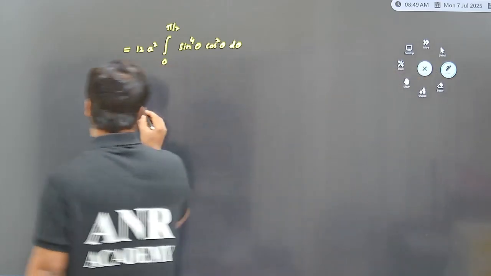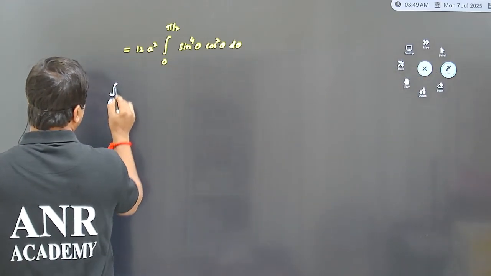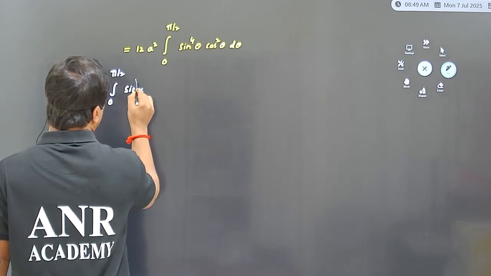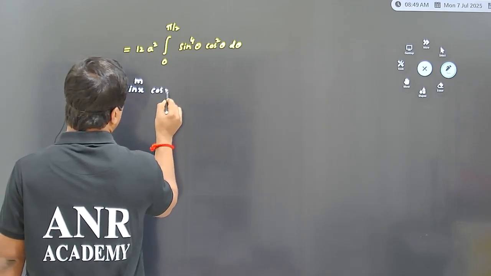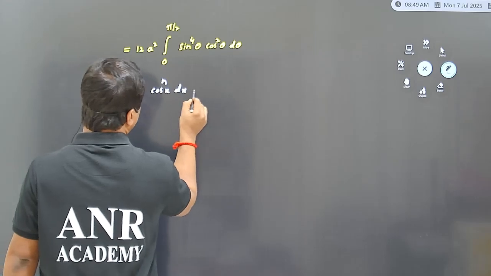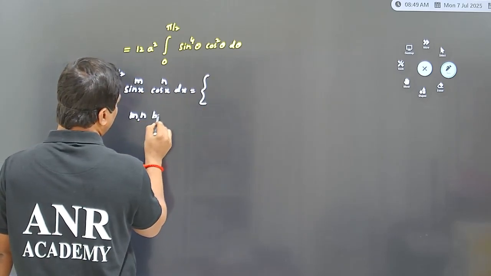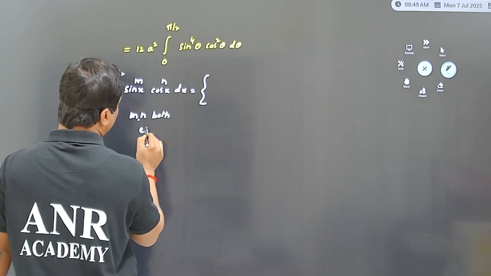You know that integration from 0 to pi by 2 of sin x whole power m cos x whole power n dx, and in this case m, n both even numbers.